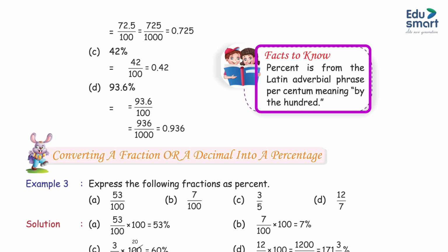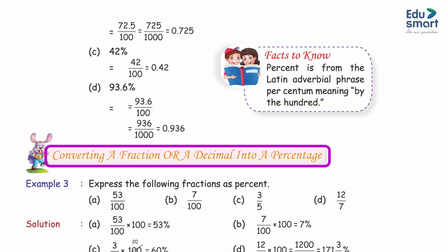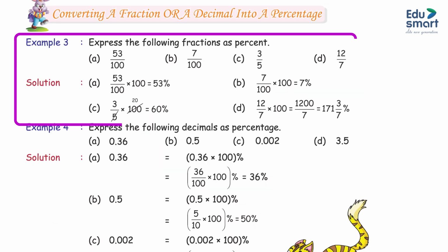Facts to know: percent is formed from the Latin adverbial phrase per centum, meaning by the 100. Converting a fraction or a decimal into a percent. Example 3. Express the following fractions as percent: A 53 upon 100, B 7 upon 100, C 3 upon 5, D 12 upon 7.